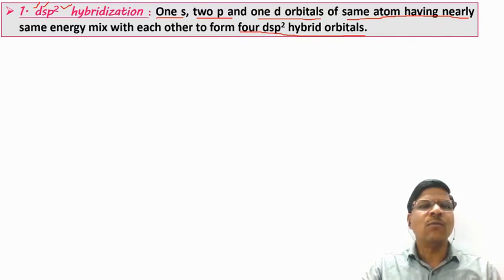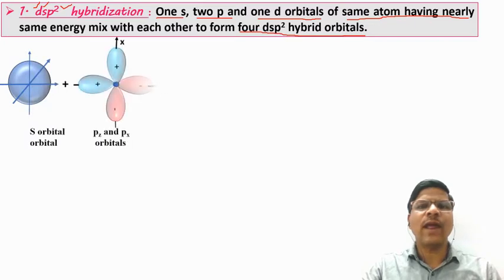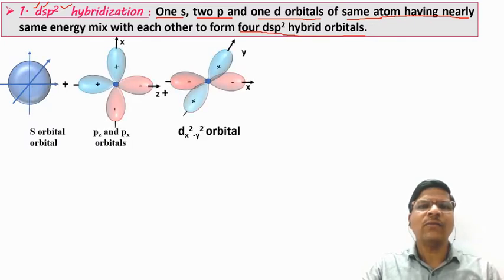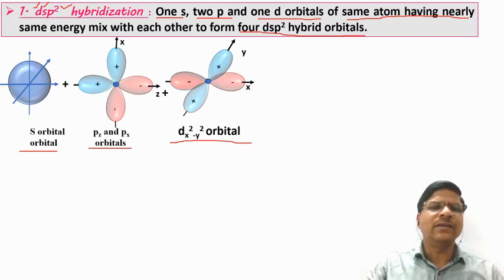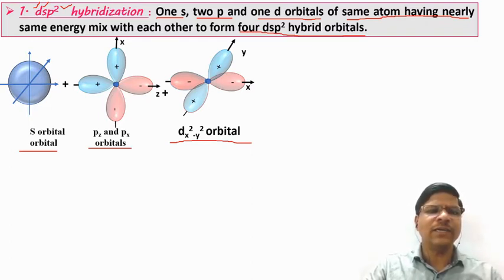So 1, 2, 3, 4 atomic orbitals are involved, and we get 4 hybrid atomic orbitals. Thus we have the s orbital, then pz and px orbitals and the dx square minus y square orbital. These are the 4 orbitals involved in the hybridization.